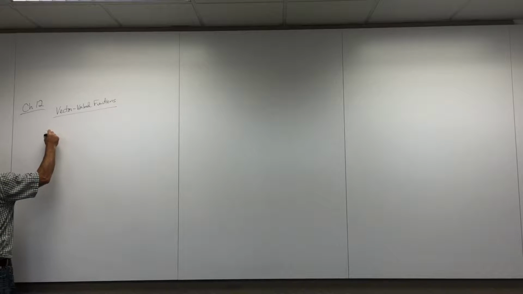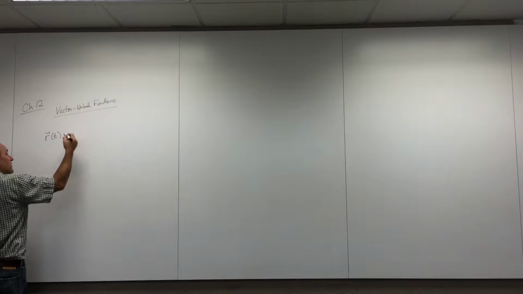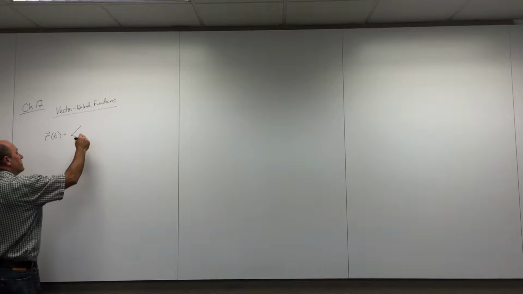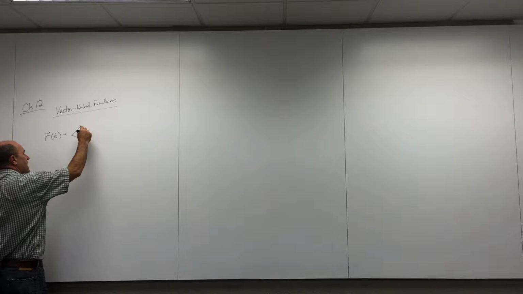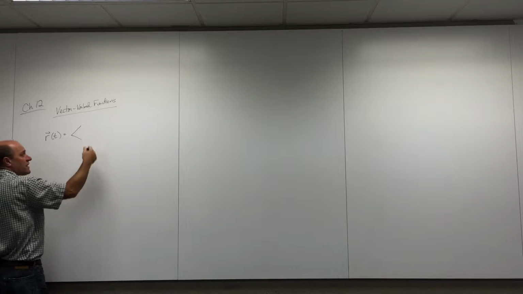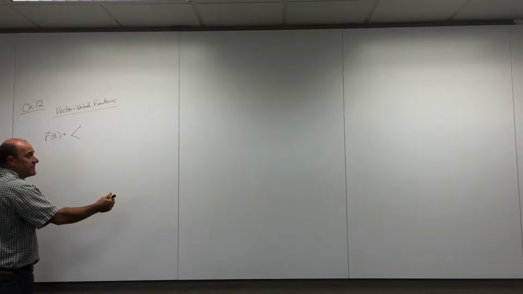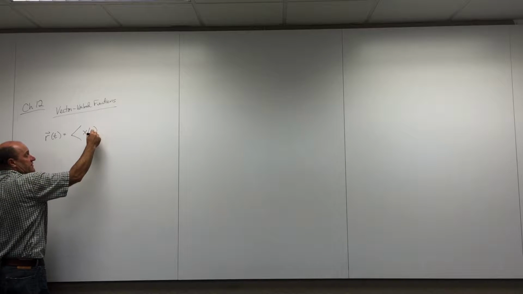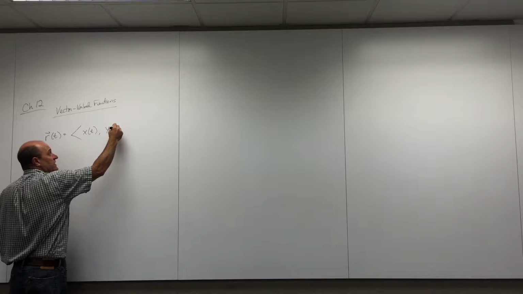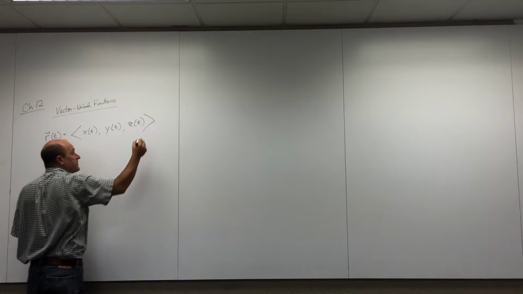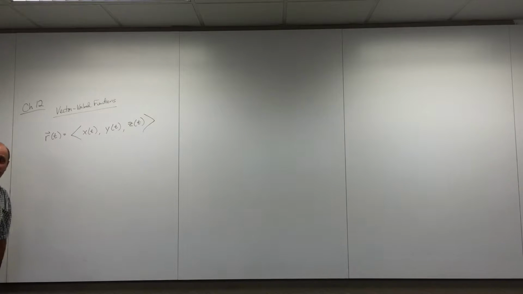Here's one: r of t equals... I'm going to make up an abstract thing, but it's a vector valued function. I have an x component that's a function of t, a y component that's a function of t, and a z component that's a function of t. So I am talking abstractly.